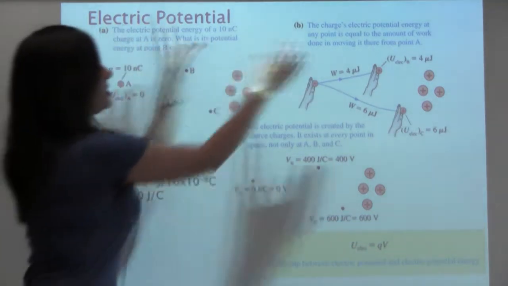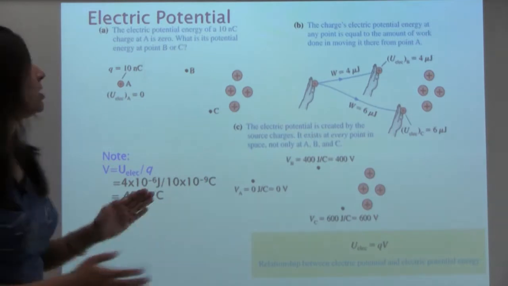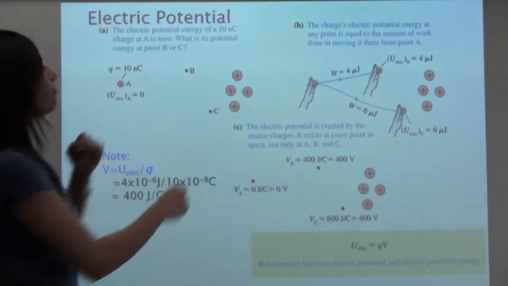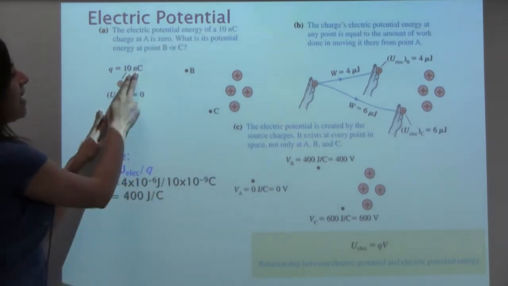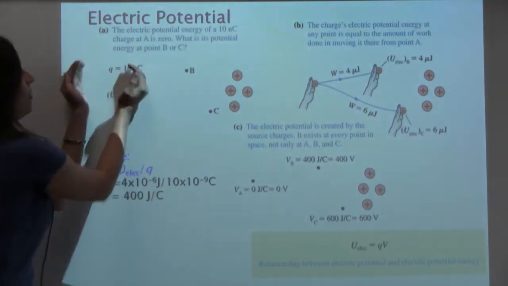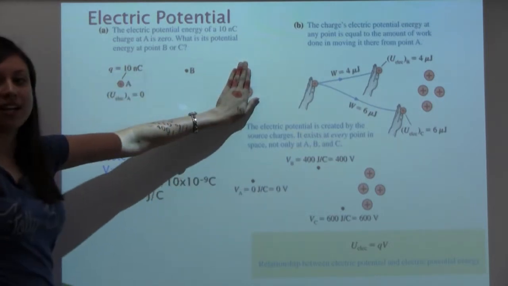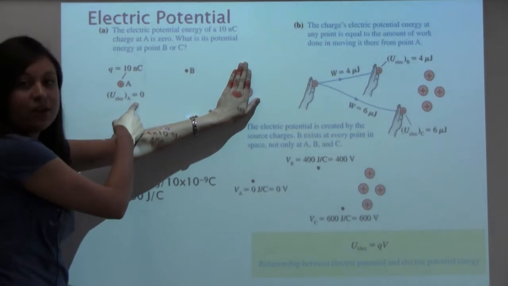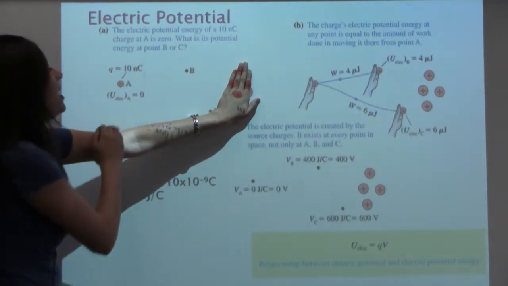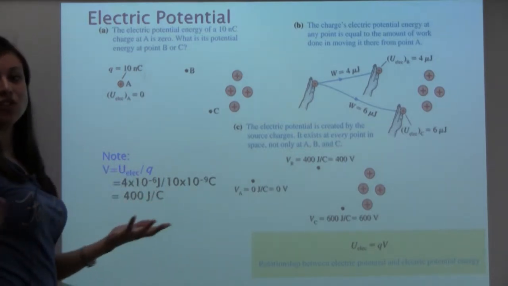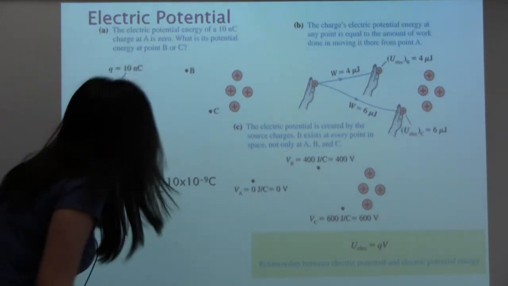I'm going to go step by step on how they solved for the potential energy at points B and C. We are given a 10 nanocoulomb charge, and it's at rest. We do not have any charges brought in yet, so it's going to have an electric potential energy of 0. It's all alone. Then when we bring in these charges, we're going to be acquiring an electric potential energy, as defined earlier.